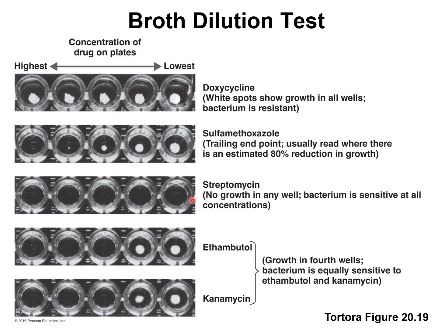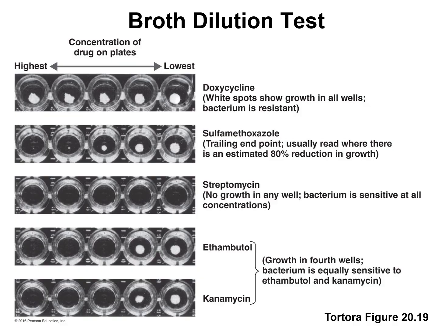Because if you look here at the lowest amount of streptomycin, there's no growth. So you don't have to give very much streptomycin to get rid of the infection. And that's good because you don't have to give much of the drug, so you don't run as much of a risk of getting side effects using that drug.